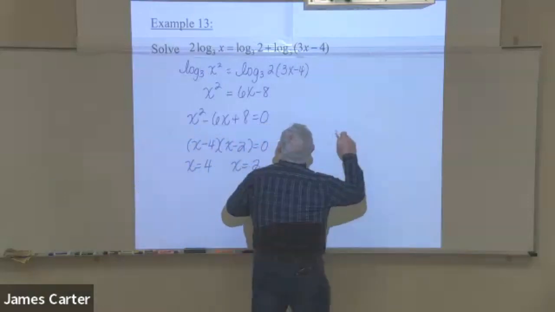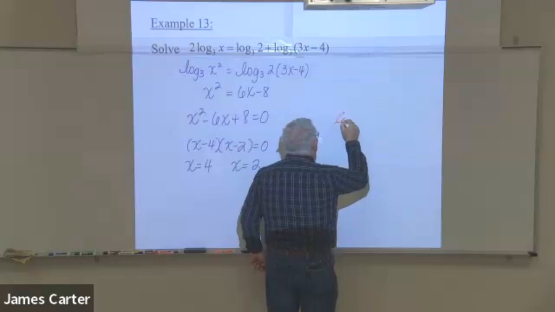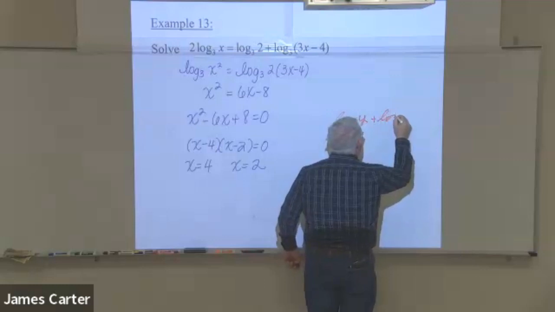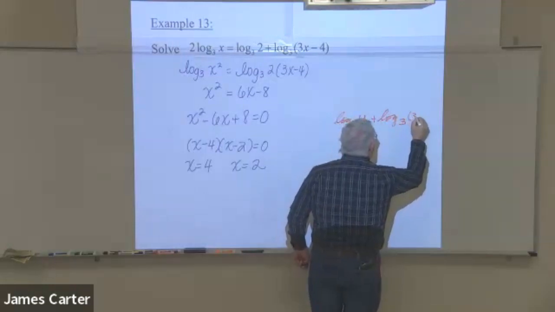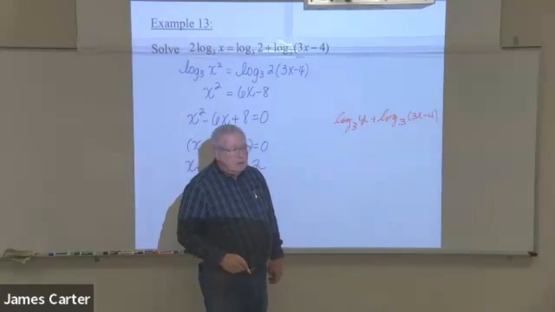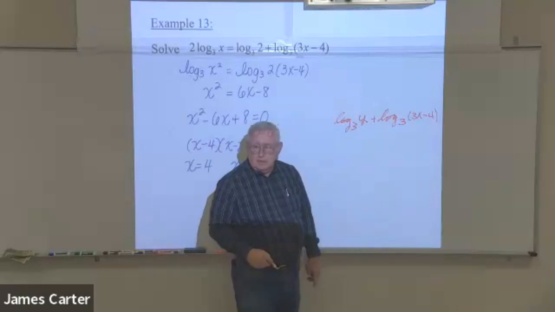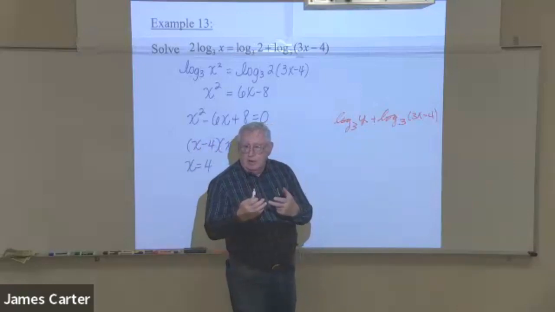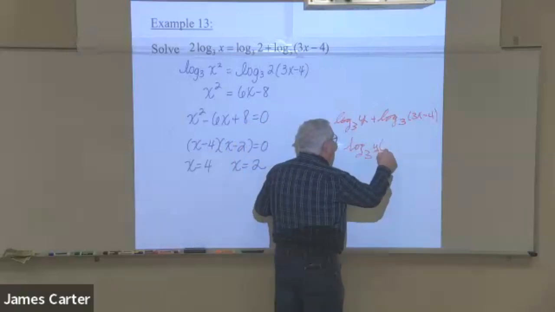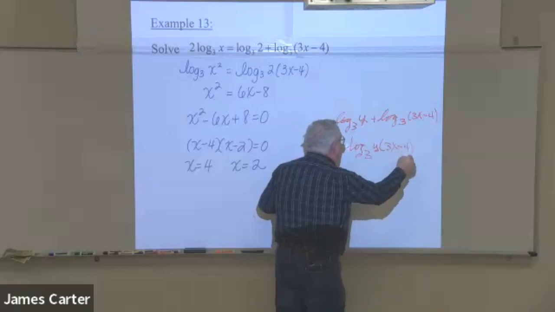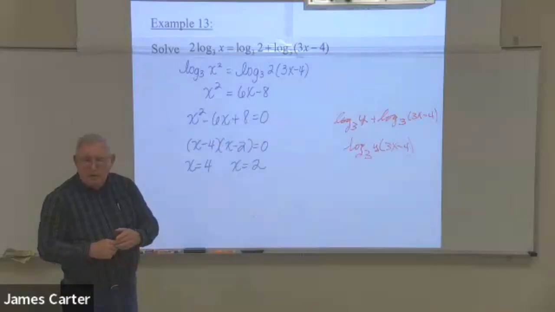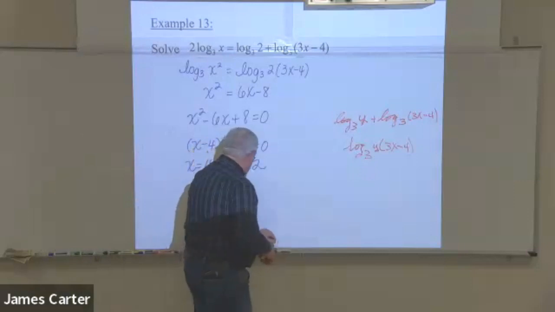Okay, what if I had log 3 of y plus log 3 of 3x minus 4? If I had that, since both of these are pluses, that means they both go in the numerator. So I would have had log 3 of y times 3x minus 4. Only difference is I got a 2 instead of a y. Okay, that makes sense?